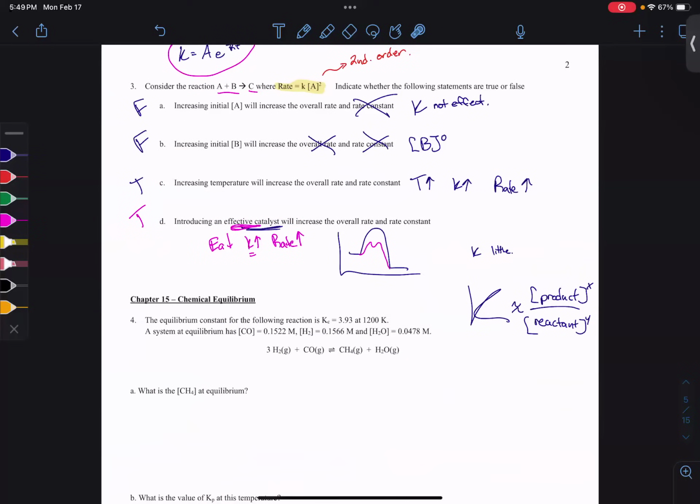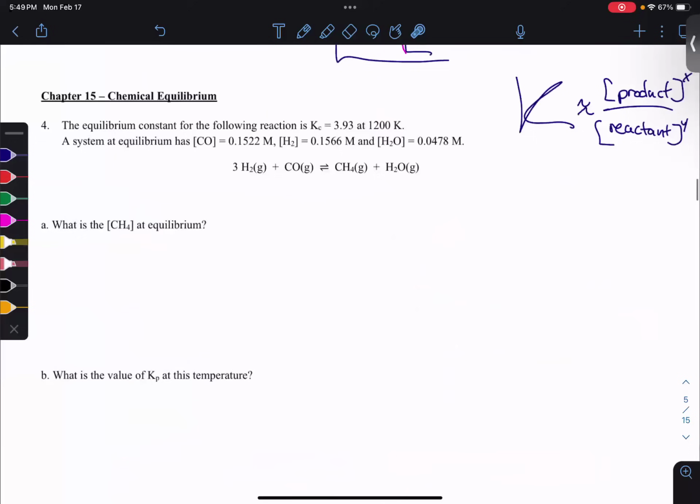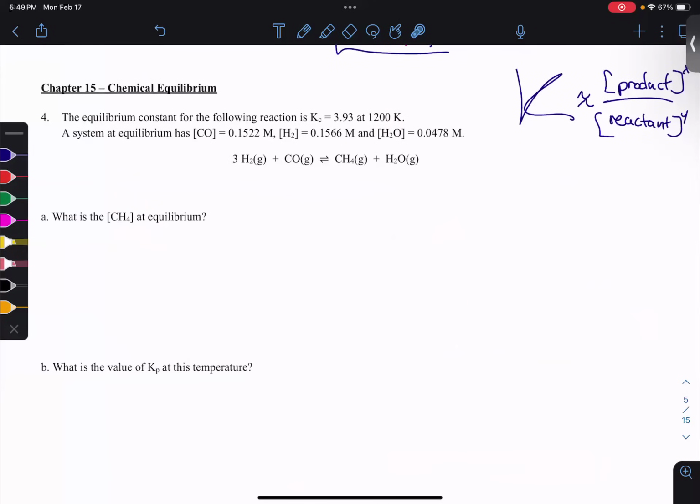Okay, all right, so here I give you some concentrations at equilibrium, and I give you the equilibrium reaction. So a couple skills here. We need to be able to write our equilibrium expression. We have KPs and KCs.